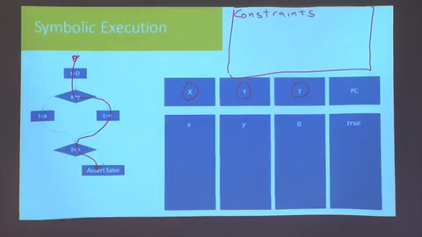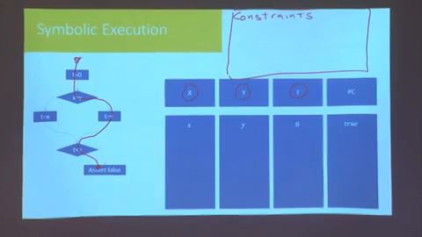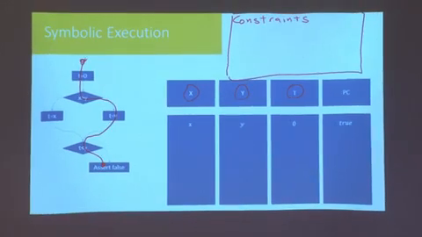And these constraints are essentially going to keep track of all the relationships between these variables, as well as any assumptions, whether they were assumptions that were made at the beginning or assumptions that come from the branches that you are taking.